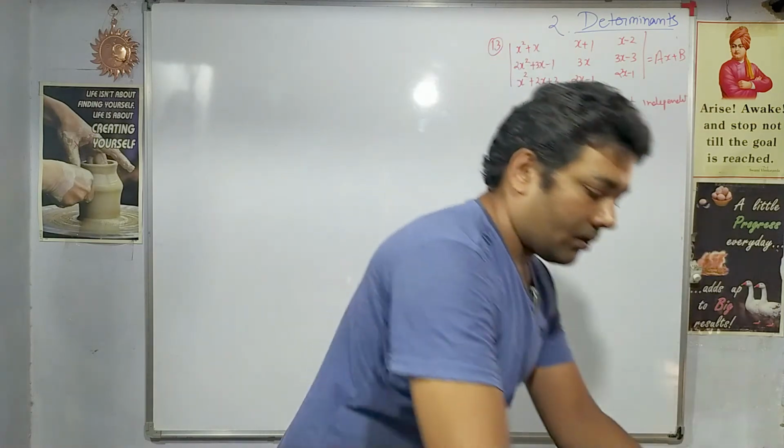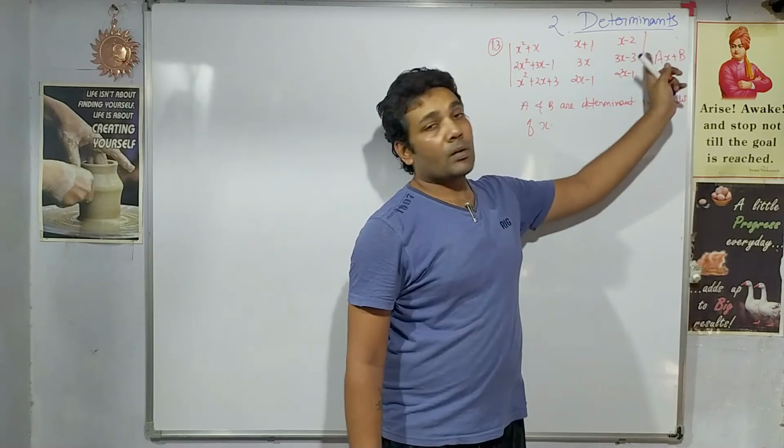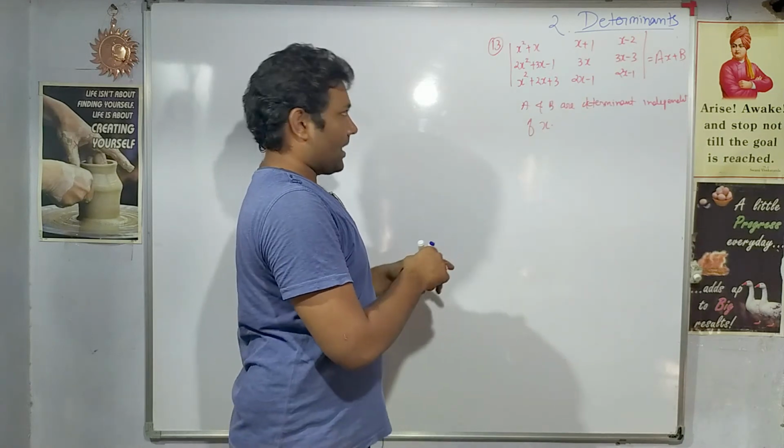So this is what the question is. It says that this determinant you have to express in this format, where a and b are two different determinants which are independent of x.